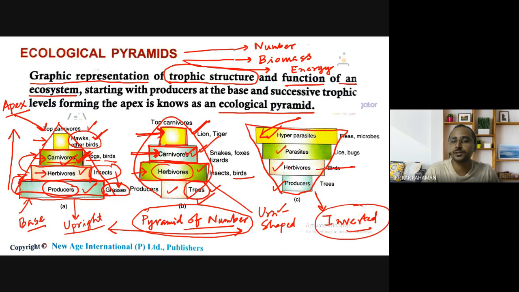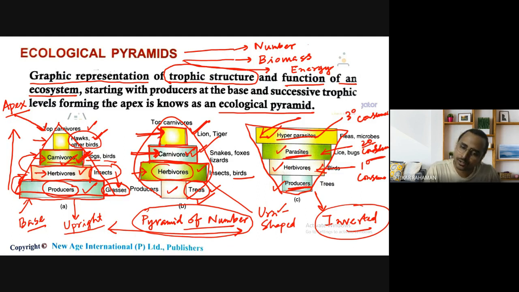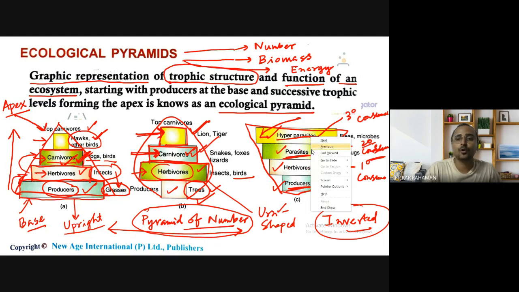If we consider primary consumer, secondary consumer, tertiary consumer, the number of primary consumers is more than producers, the number of secondary consumers is more than primary consumers, and the number of tertiary consumers is more than secondary consumers.